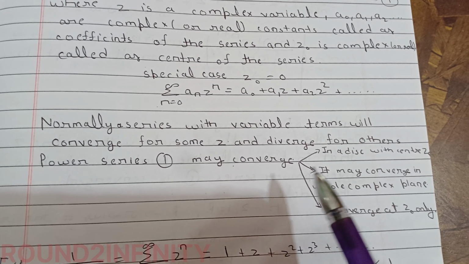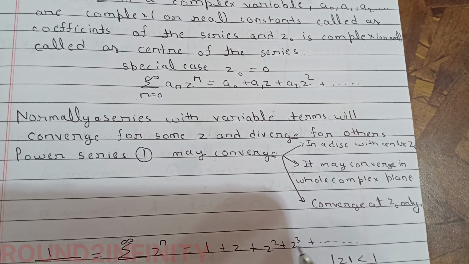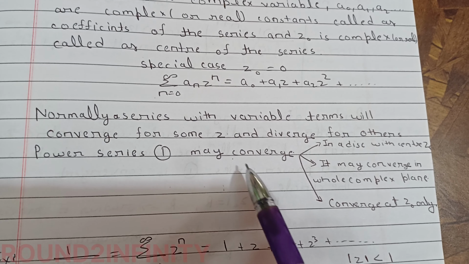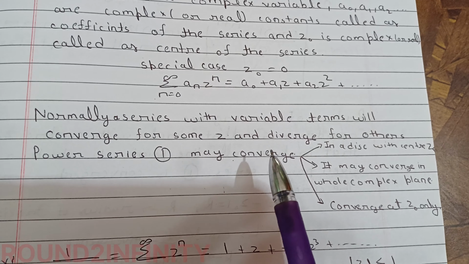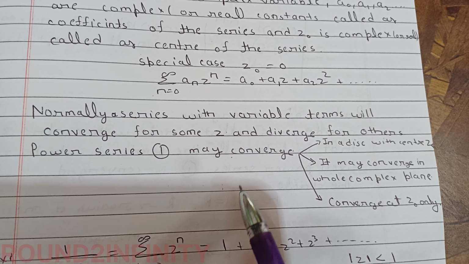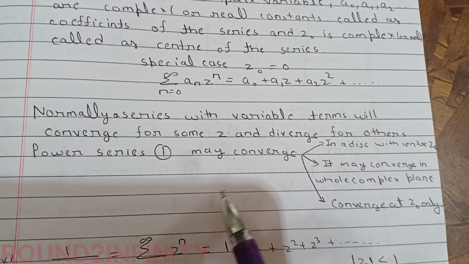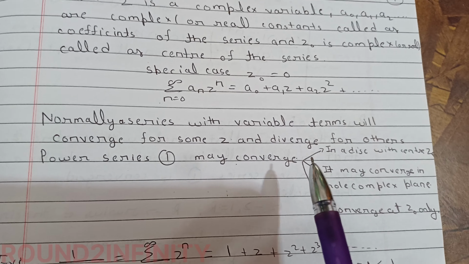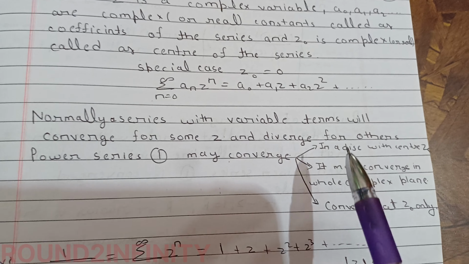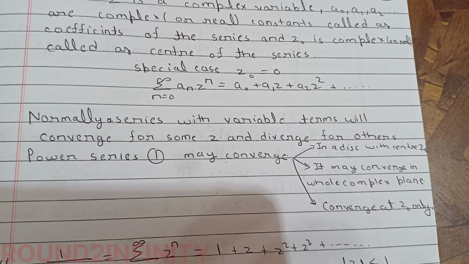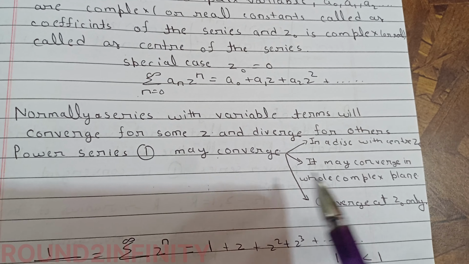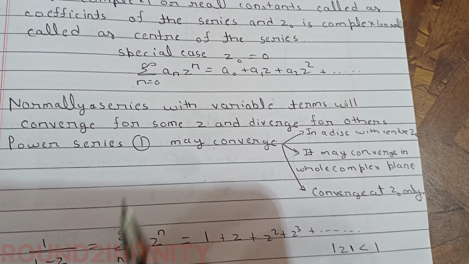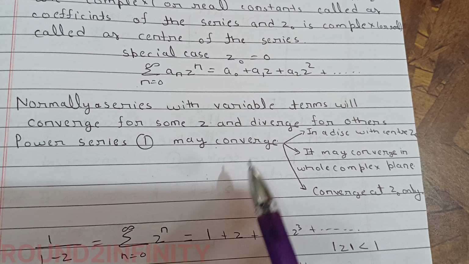The power series can converge in a disk with center z naught, meaning there is a center and a disk of radius r. Then the series converges in this region, meaning all the points in this region are valid and it will give you the same value as f(z).